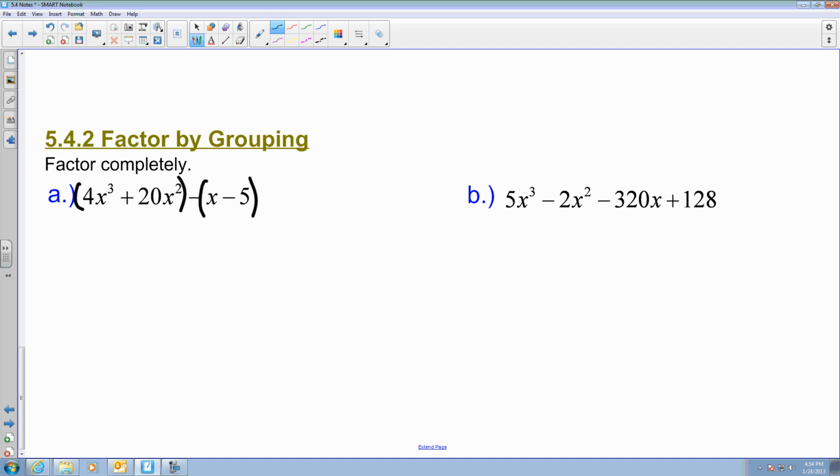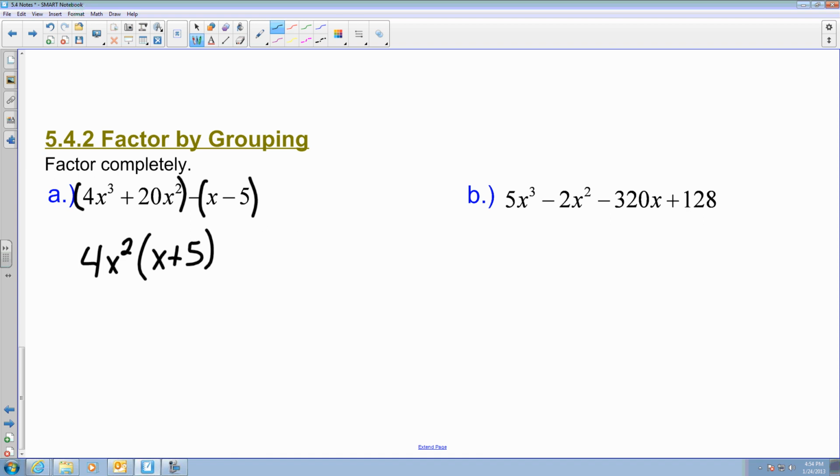Then you factor out a value inside those single parentheses to help you factor completely. If I just look at 4x cubed plus 20x squared, I can take out a 4x squared, which gives me x plus 5 inside this parenthesis.